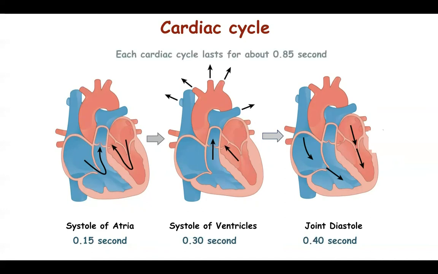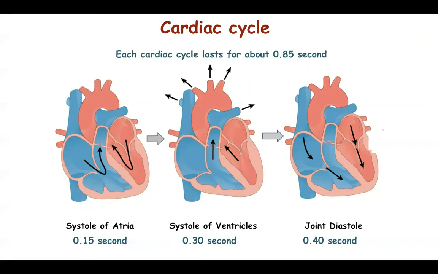So if you were to club it all, each cardiac cycle lasts for 0.85 second. That's a duration less than 1 second. It is because of this 0.85 second that the heart is beating 72 to 80 times per minute in a healthy person. So this is because of the systematic way in which the systole and the diastole are occurring repeatedly.